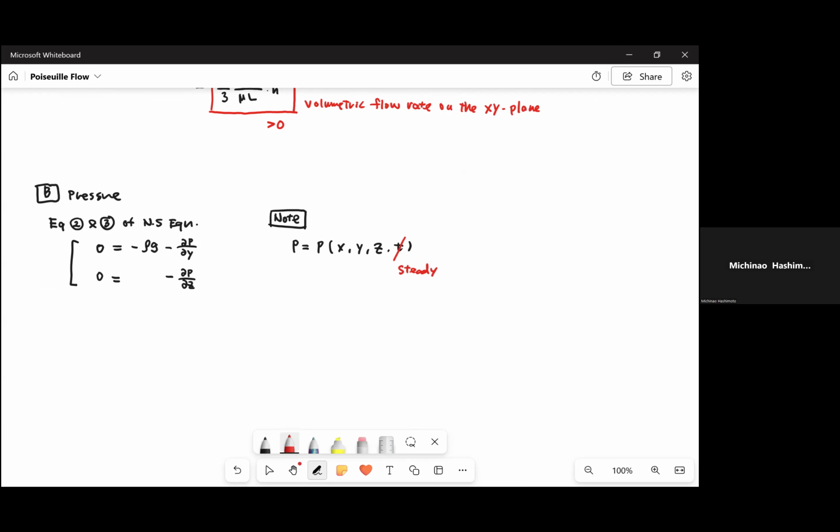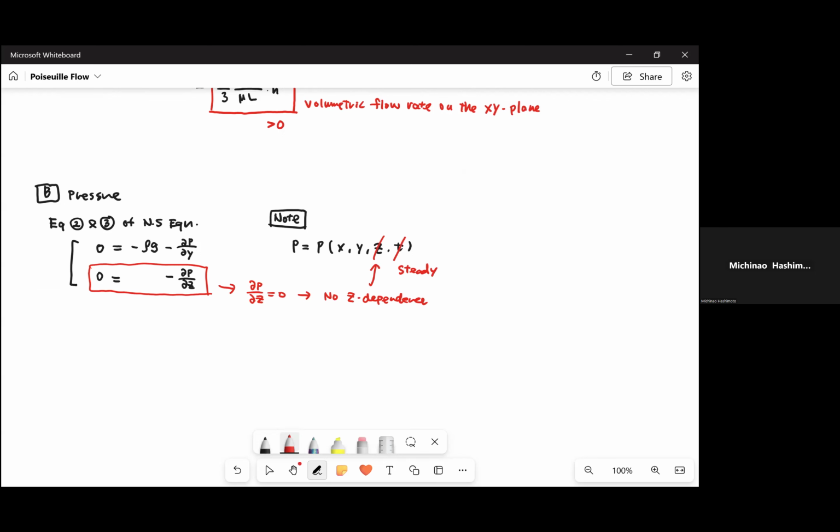There is no z dependence because of this equation, which tells you dp dz equals to 0, no z dependence.